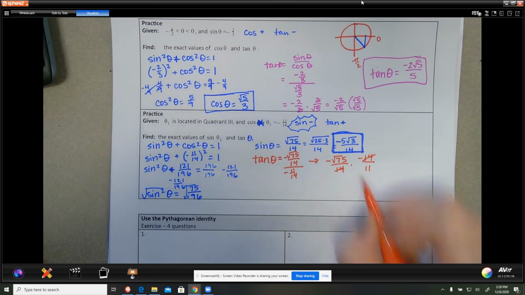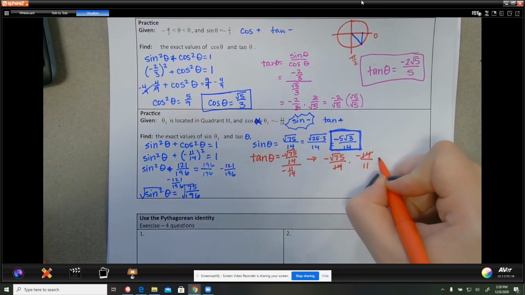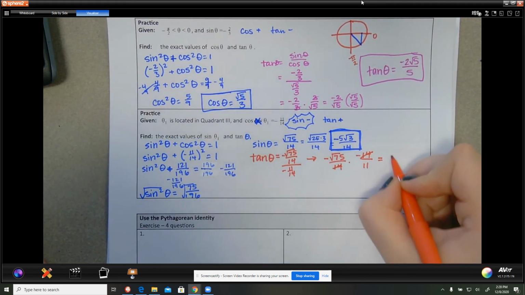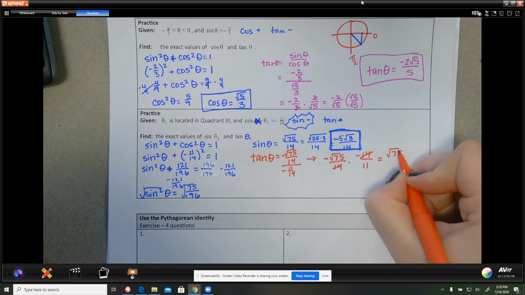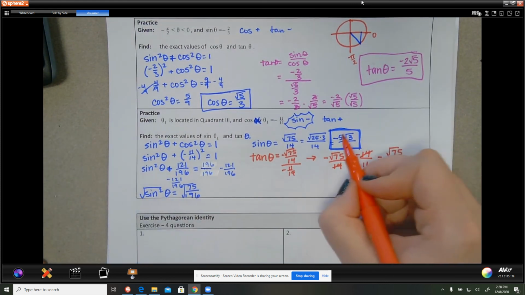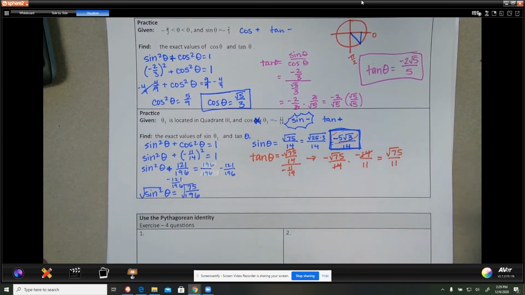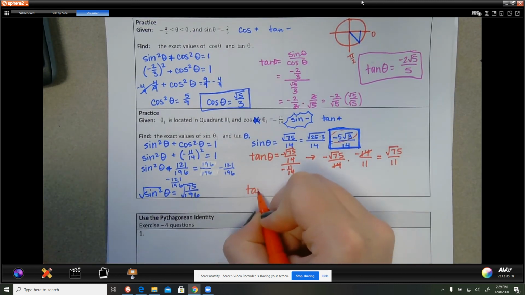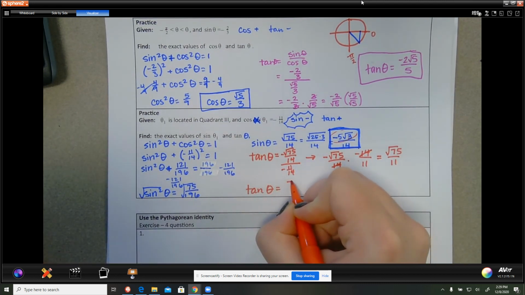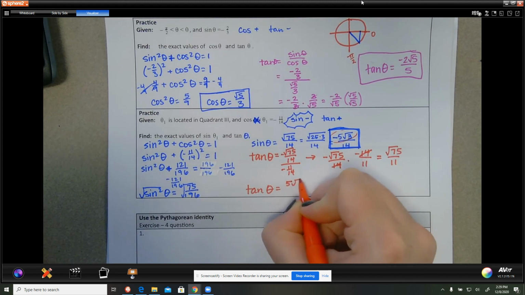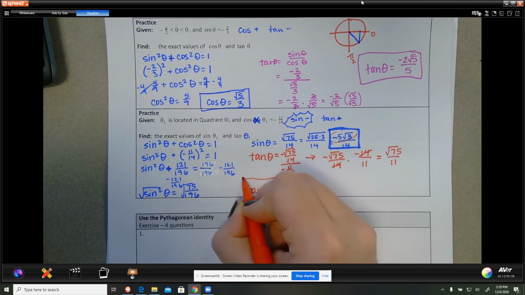Those cancel out. We've got a negative times a negative, which is positive, and that's what we want. So root 75 over 11. We can write root 75 as this. So tangent of theta is equal to 5 root 3 over 11.